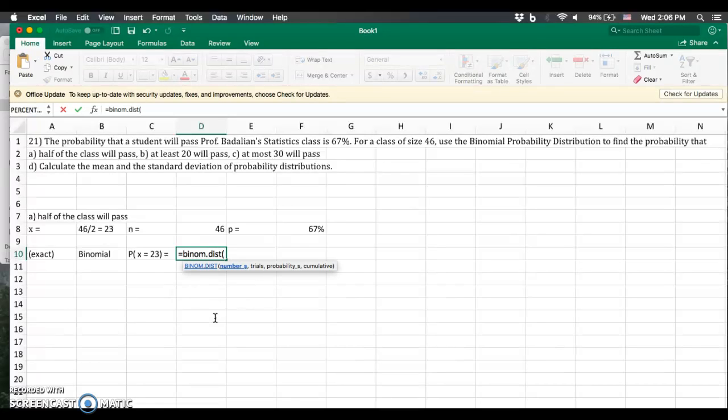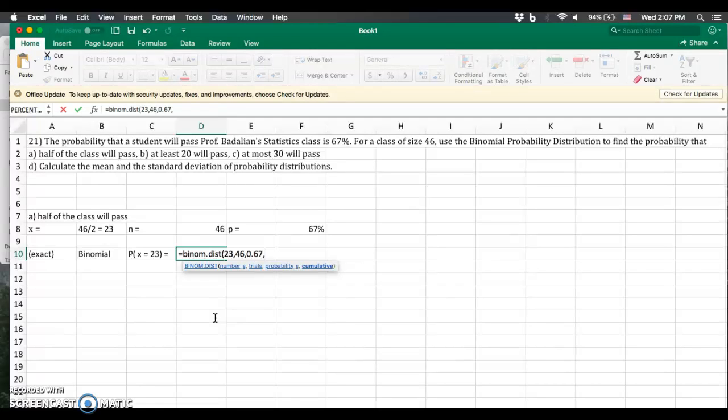The first is the number of successes we're looking for. So for this case that is our x, which is 23. The second number is the number of trials, which is the n, 46. Probability is our p, 67%, 0.67, and then it's cumulative or non-cumulative.